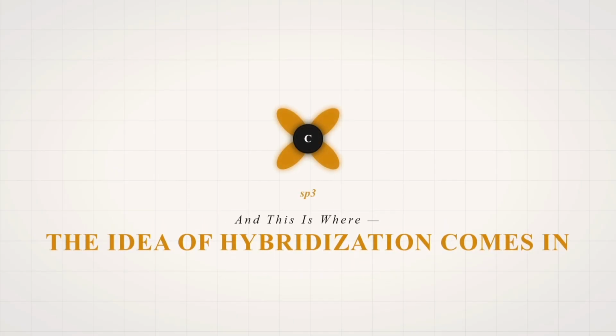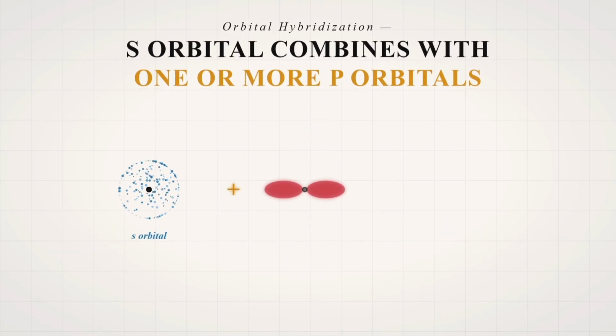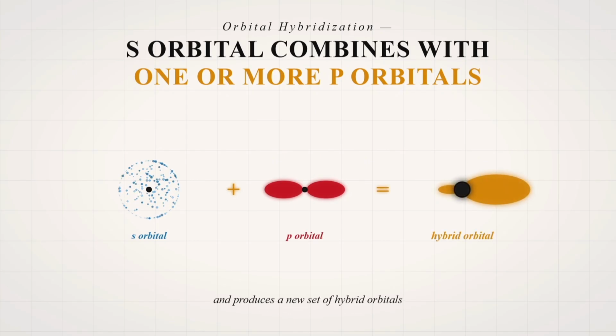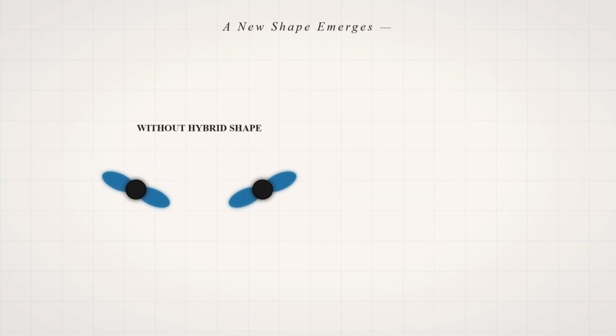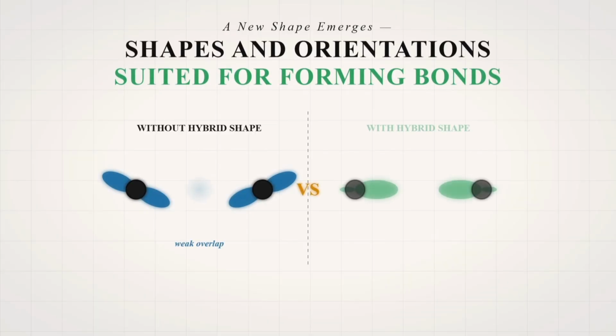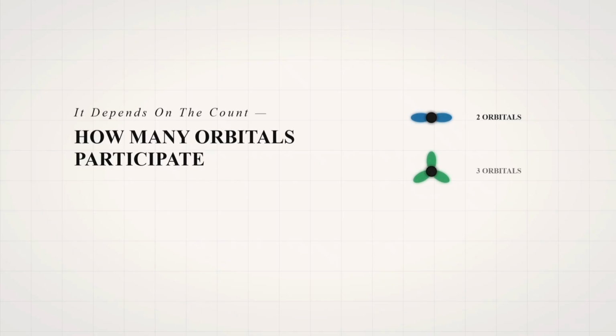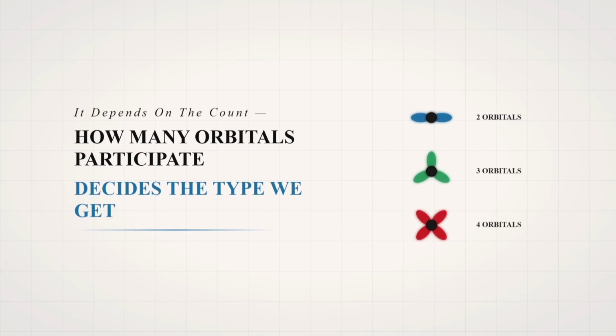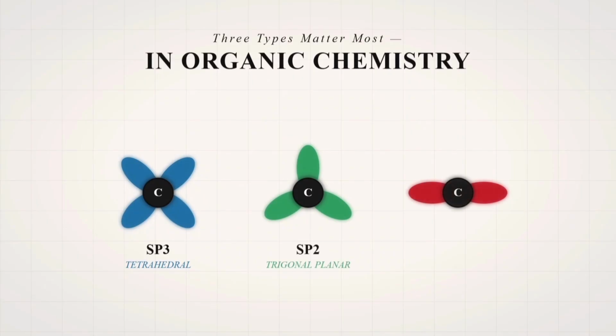An s orbital combines with one or more p orbitals and produces a new set of hybrid orbitals. These hybrid orbitals have shapes and orientations that are better suited for forming bonds. And depending on how many orbitals participate, we get different types of hybridization. The three most important ones for organic chemistry are sp3, sp2, and sp.